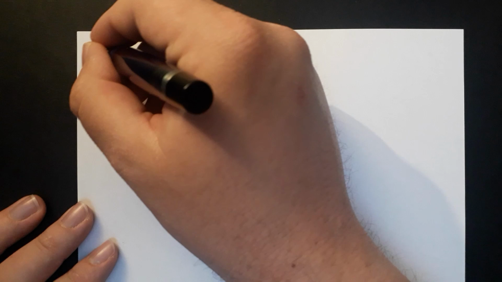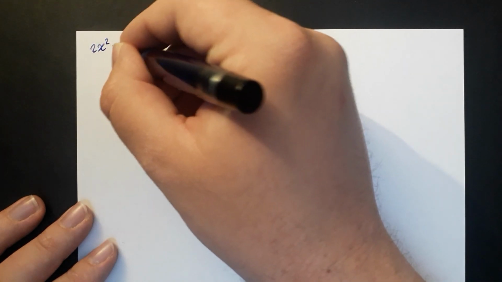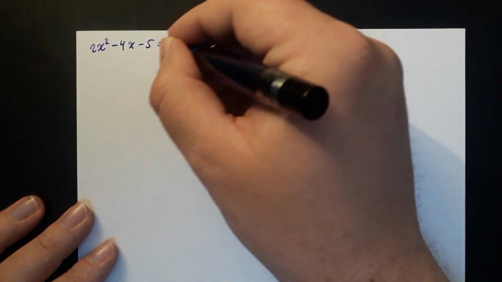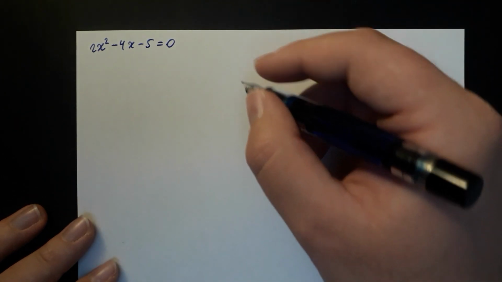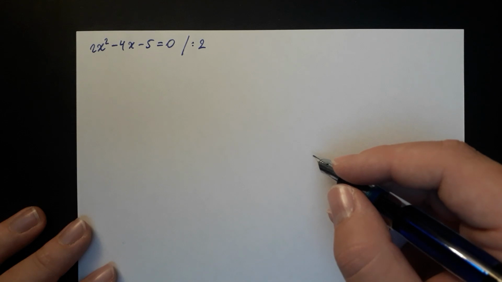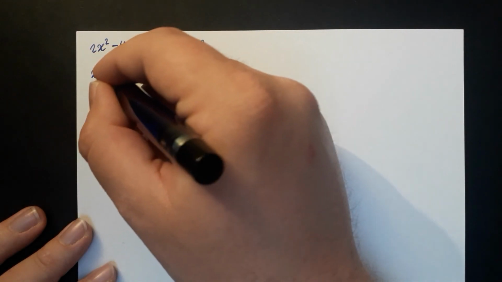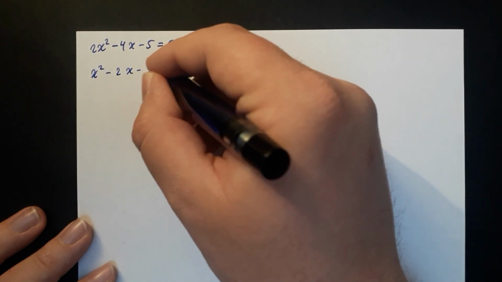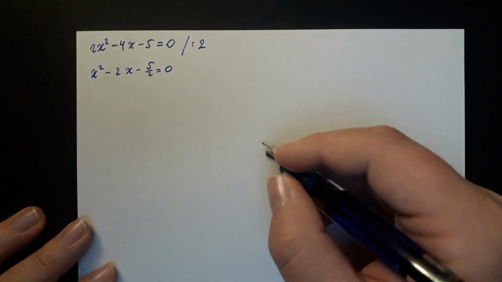Let's now do one complicated equation where at the front we don't have just x squared, but 2x squared. So the equation is 2x squared minus 4x minus 5 is equal to 0. We can divide the entire equation by 2, and then it becomes x squared minus 2x minus 5/2 is equal to 0.